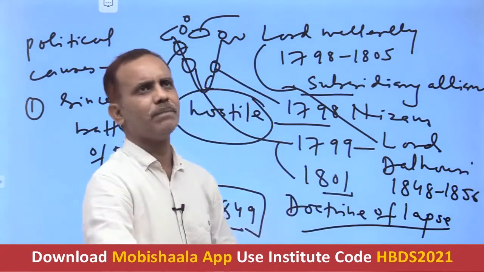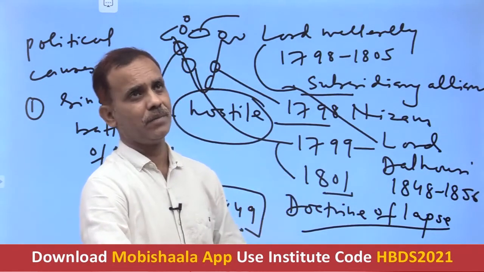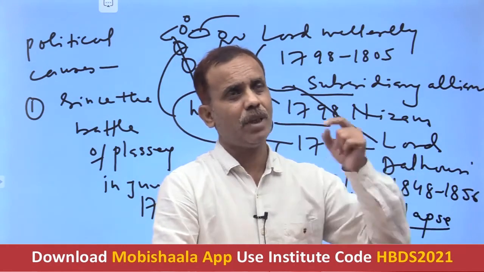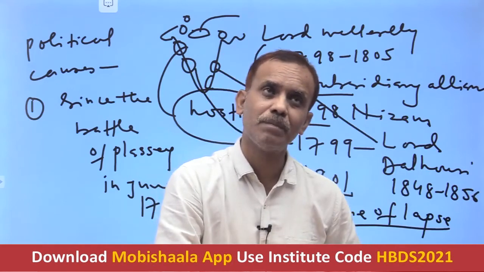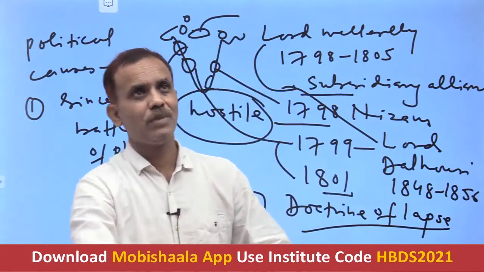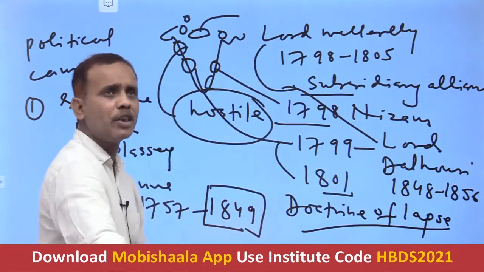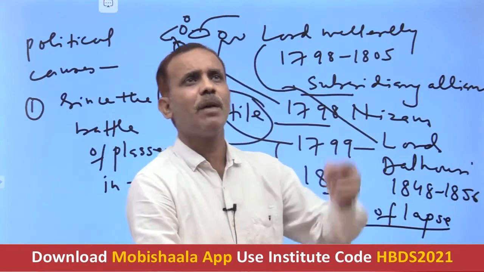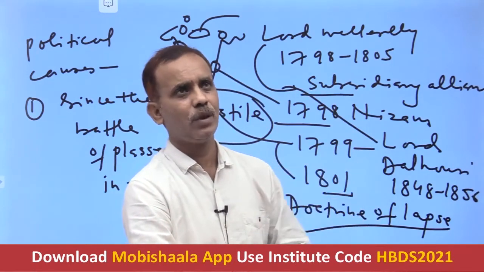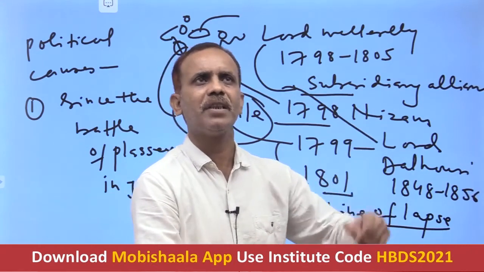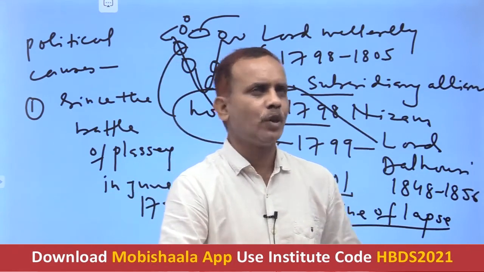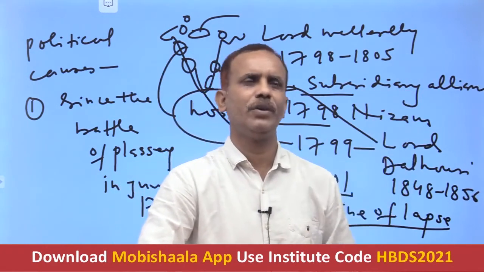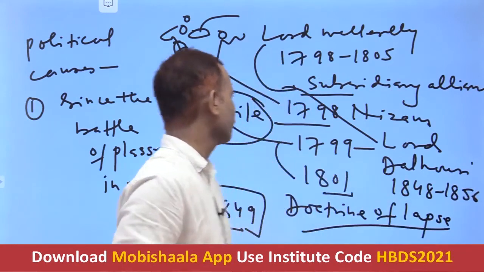And by this system, Dalhousie merged Satara, Sambalpur, Udaipur, Jhansi, etc. So imagine that all these colonial instruments were man-made, were manufactured by British government to fulfill its imperial ambition in India. So it was the first reason behind the occurrence of this revolt against British Empire. Next.